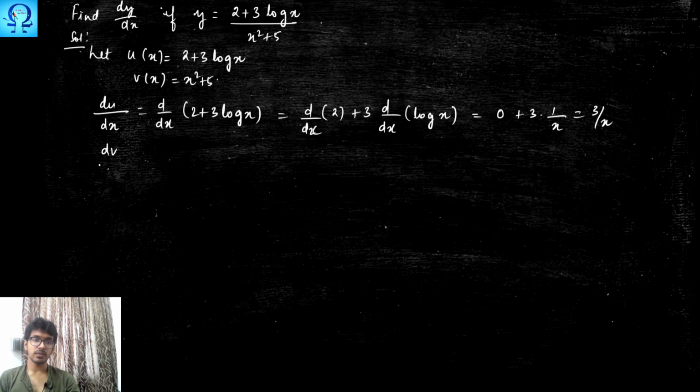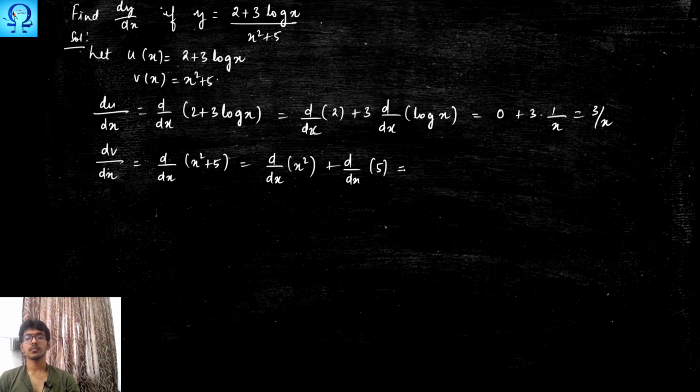The next is dv/dx, which is d/dx of (x² + 5). Using the sum rule, this derivative is 2x^(2−1) plus 0, since this is constant, and this happens to be simply 2x.